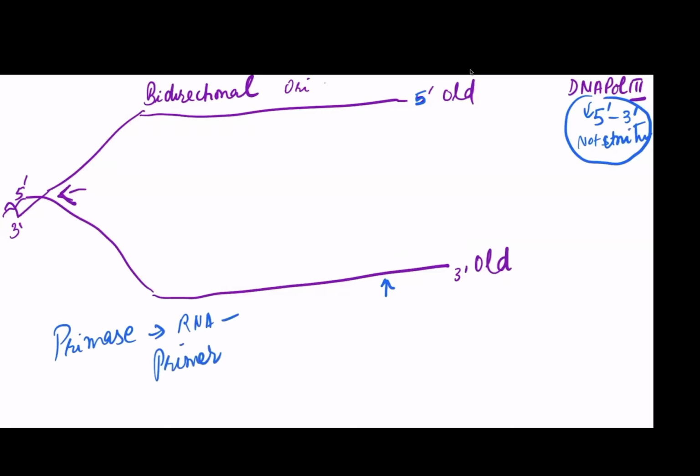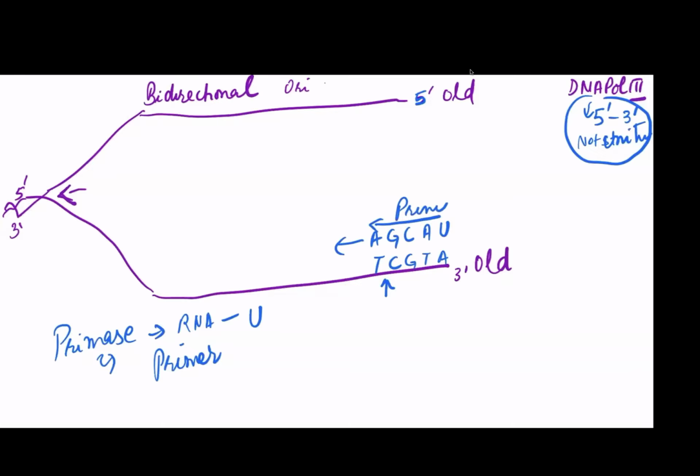Primer means RNA, and RNA means uracil will be there. So if you have A here and let's say T, G, C, T, this is your DNA. This enzyme primase will go and start making A to U, T to A, G to C, C to G, and T to A. This is your primer.